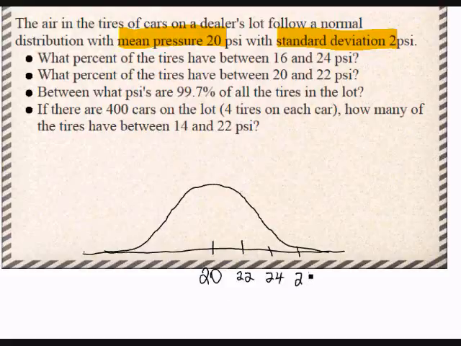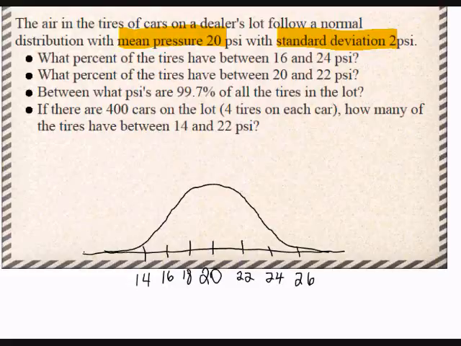Add 2 again. Now I make the same equal marks to the left of 20. The first mark to the left is 20 minus the standard deviation, 20 minus 2, so that's 18. Take away another 2, 16. Another 2, 14.